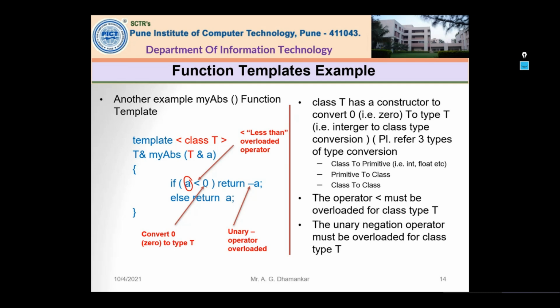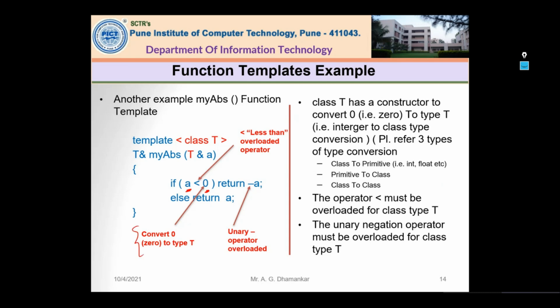So here, object versus numerical is coming, in the comparison, right? So definitely a is of object type and here 0 is a normal integer value. So here one issue must be resolved: how to convert 0 to type T.